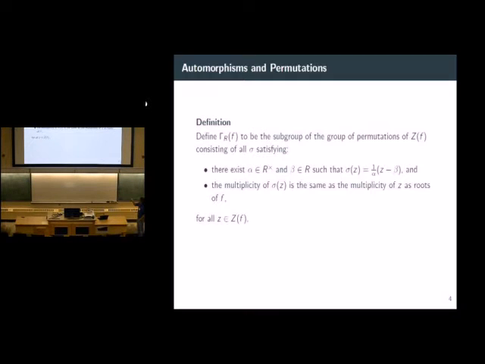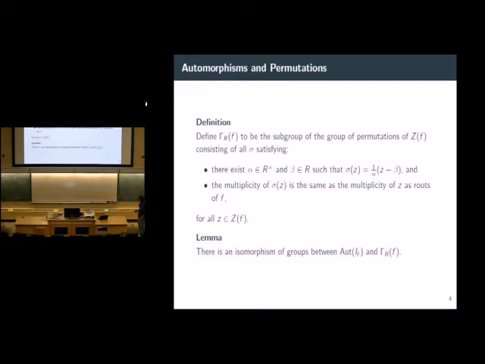I'm going to define Gamma(f) to be the subgroup of the group of permutations of the zeros of f such that this permutation is kind of linear, and they preserve the multiplicity of roots. The reason why we define this is that there is an isomorphism between Gamma(f) and the automorphisms of I_f.